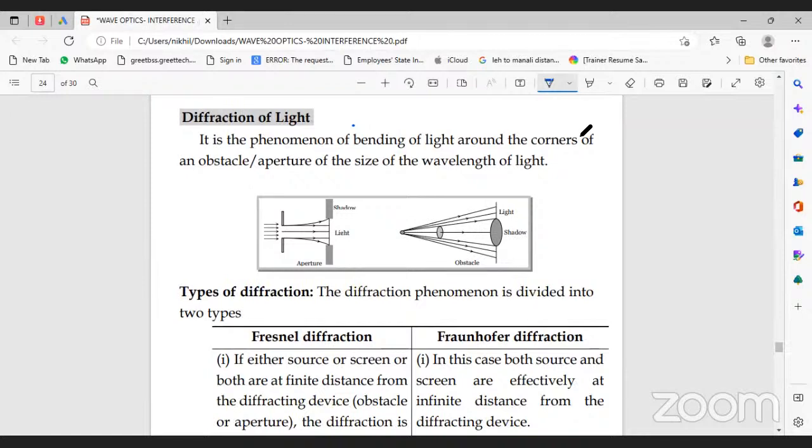In this session, we will see the concepts of diffraction and the concept of polarization. Suppose I consider the source of light here.